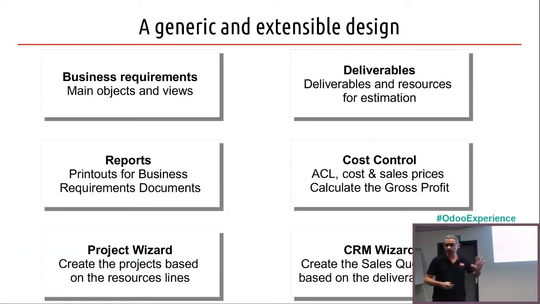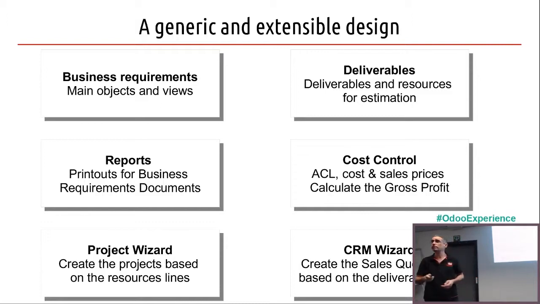So we have split the set of modules into multiple modules in order to fit the different needs of the potential users, with a main module for the business requirement, and then modules for the deliverables, for the reports, for the cost control, and eventually as well for the different wizards that might be useful.